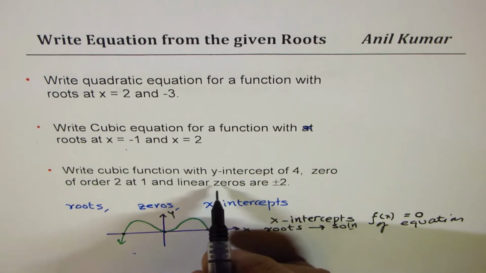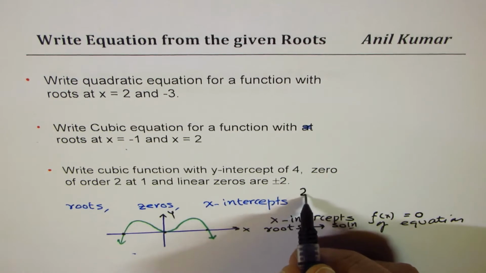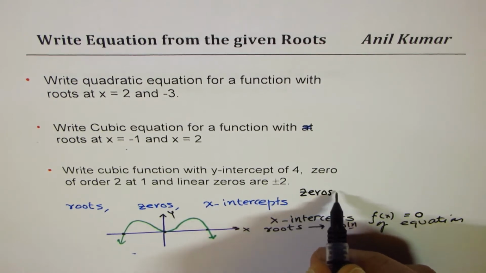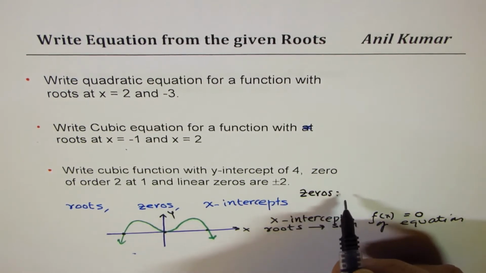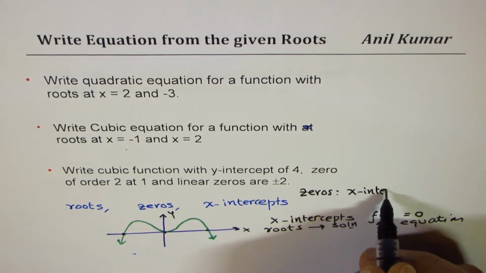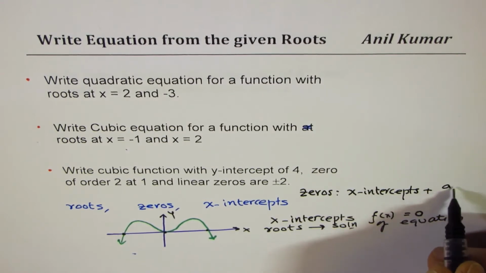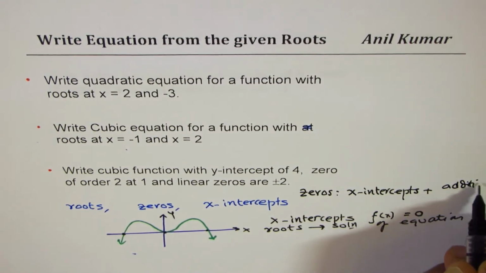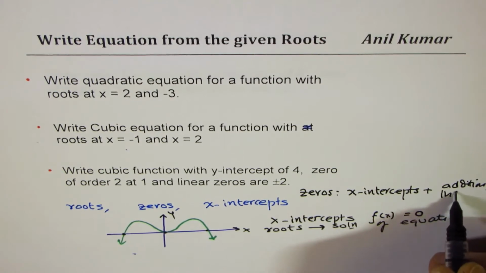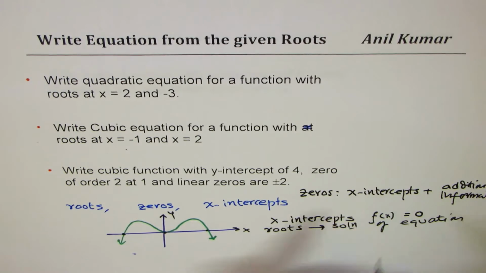Now the term zero here has added information. Zeros, you can say, are x-intercepts in a way, with additional information. And what is that additional information?